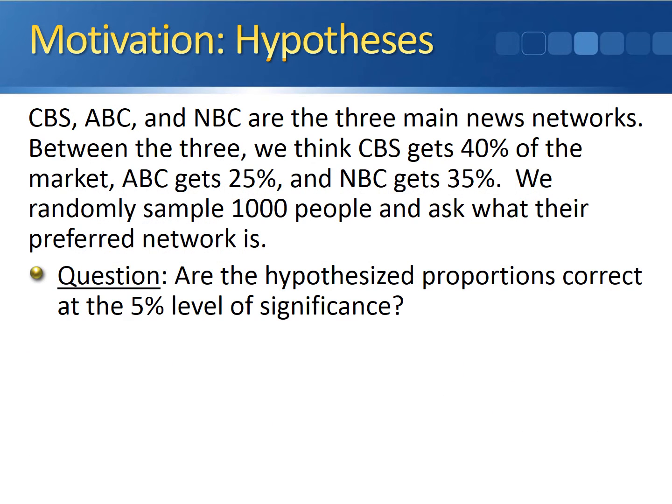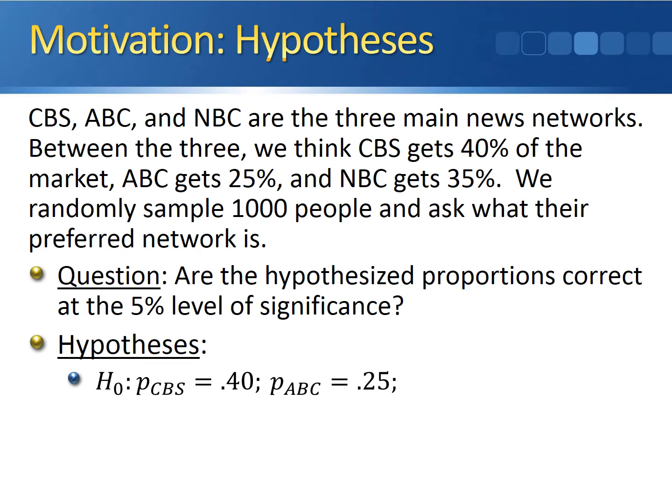So for this particular example, where we're looking to see if the hypothesized proportions, 40% for CBS, 25% for ABC, and 35% for NBC, are correct, we'll set up the hypotheses as follows. The null hypothesis is going to be that the proportion for CBS is equal to 0.4, the proportion for ABC is equal to 0.25, and the proportion for NBC is equal to 0.35.